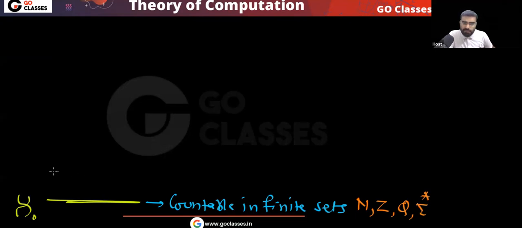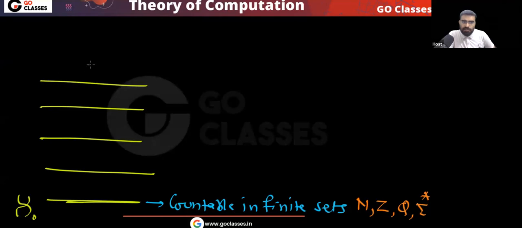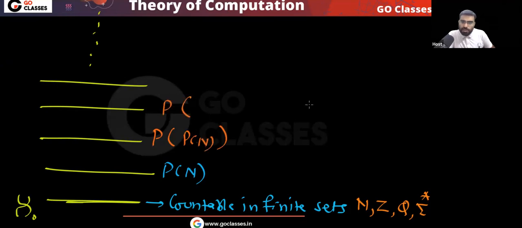Then you are getting infinite levels. How? On the next level, you have the power set of N. On the next level, the power set of the power set of N. Inception, the movie Inception, if you have seen.